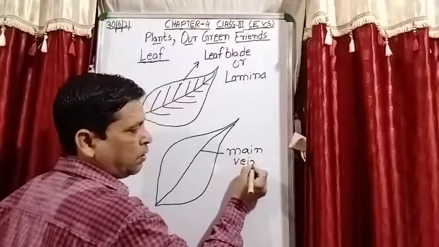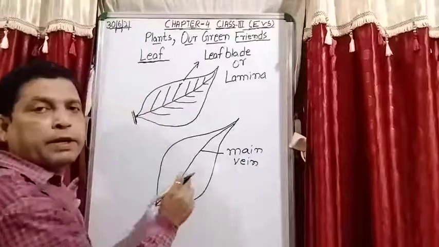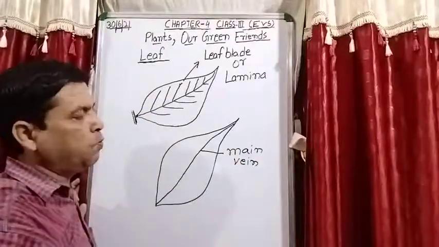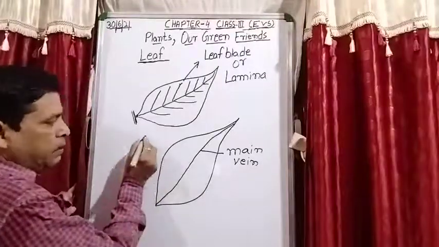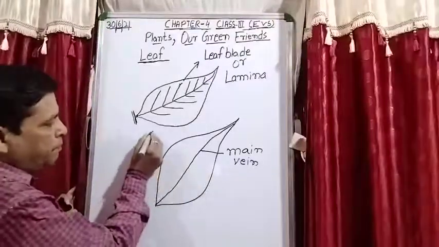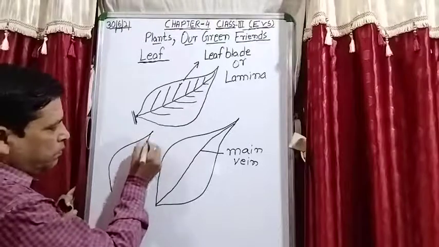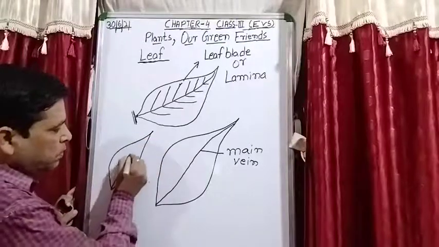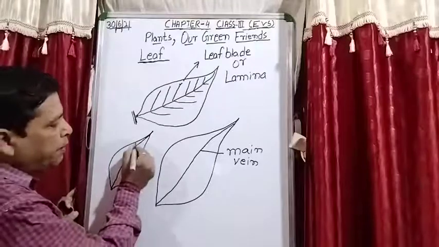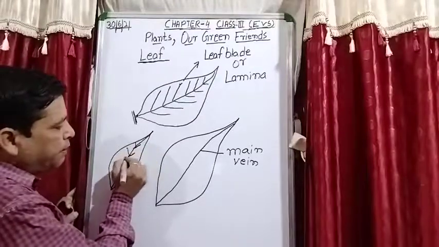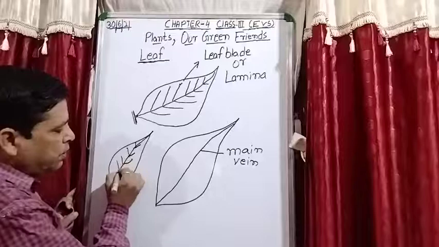Is it clear? This vein is known as a main vein. What is the reason for this? The reason for this is that, see one more leaf. This is the main vein, and from the main vein all these side veins are attached.